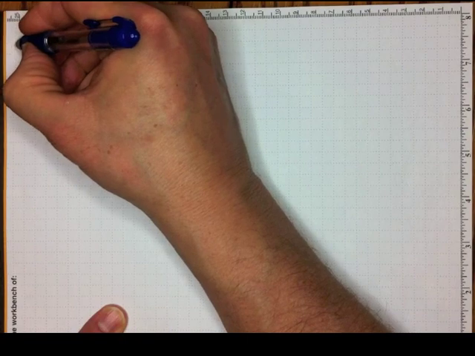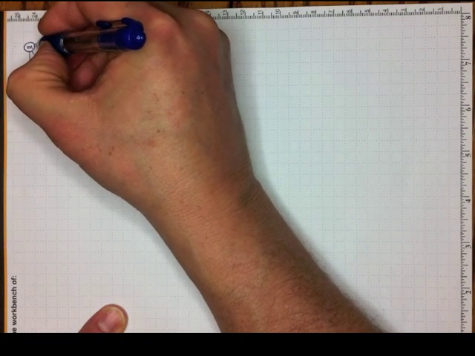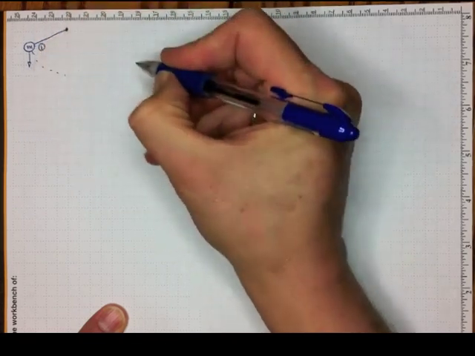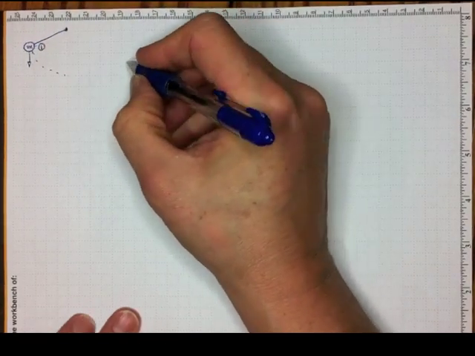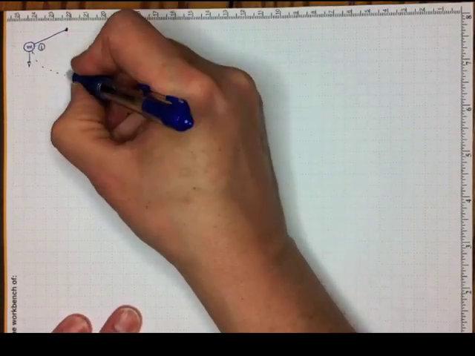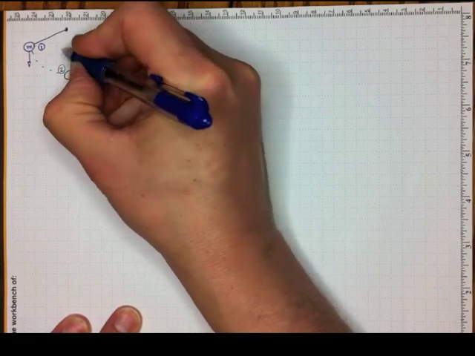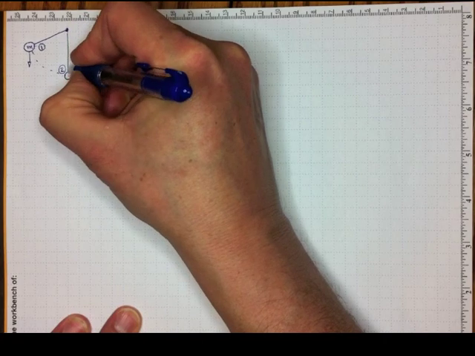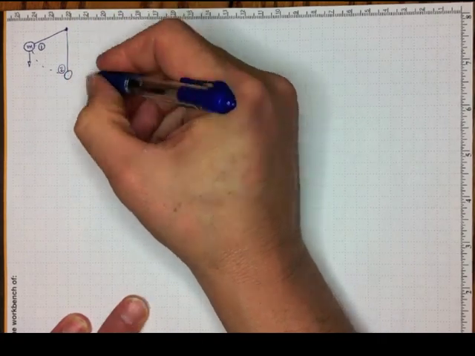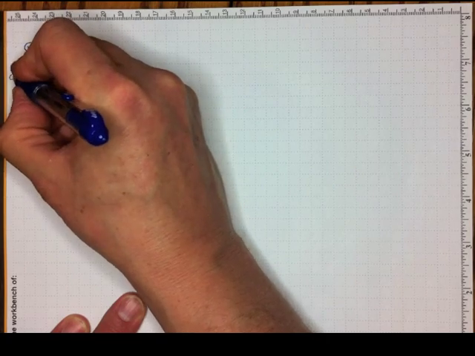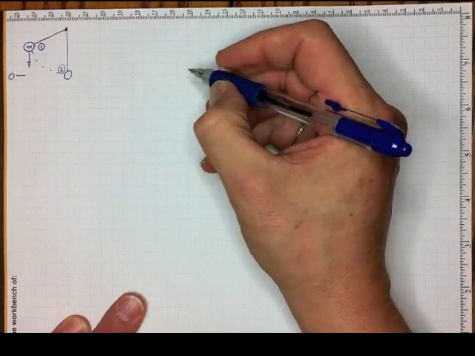If it starts out with an initial velocity of 0, then all it has at this location 1 is potential energy. When it gets down here to this location 2, it will have some kinetic energy and no more potential energy if we define this as our zero datum line.